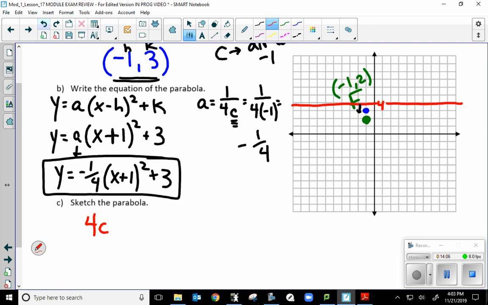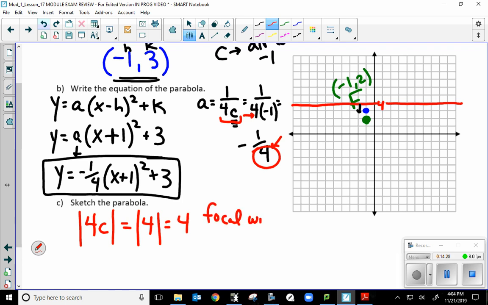4c. If I take the absolute value of this value 4c, you see how it equals negative 4? It's this value right here. It's 4. Whatever the denominator is here, the 4c, that's something that we call the focal width.